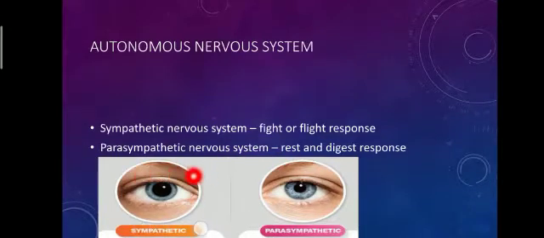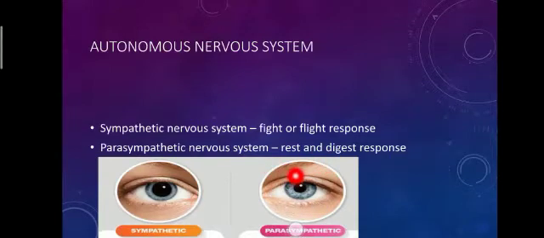The best example we can see is that when our eyes are exposed to ample light, the pupil starts dilating, means it increases. That is an example of the sympathetic nervous system, where the pupil gets excited and starts dilating.